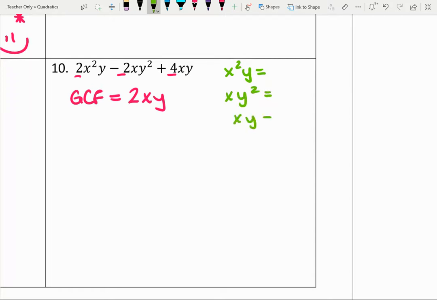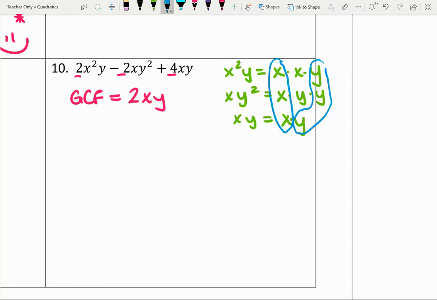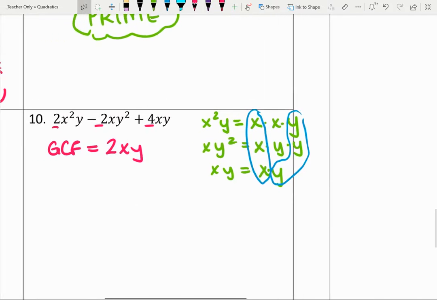That visualization is really helpful. That's why we're using it. So x squared y is x times x times y. Xy squared is x times y times y, and xy is x times y. So when I look at what they have in common, all 3 of them have an x, and all 3 of them have one y. So that's why xy is a part of our greatest common factor.